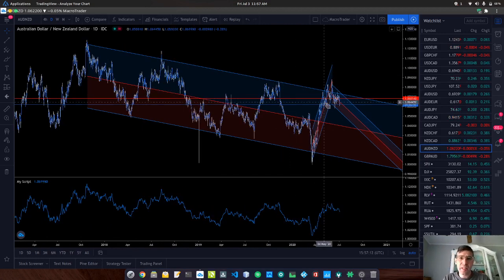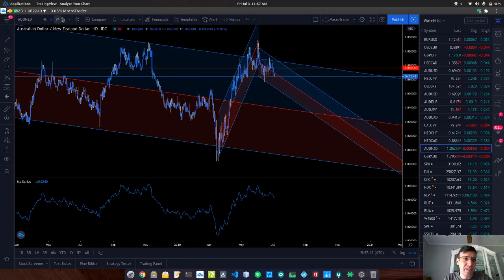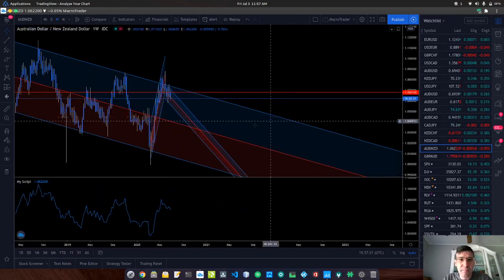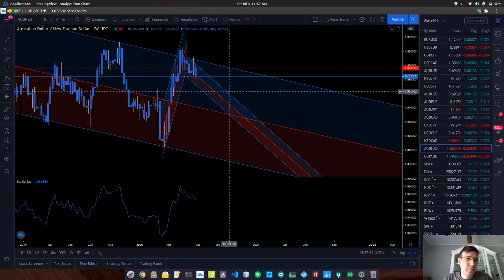So this would be technically where you have a great entry, and I've been long this position for weeks now. This is a daily chart, weekly chart. So I've been short, long New Zealand dollar, short Australian dollar, weeks now.